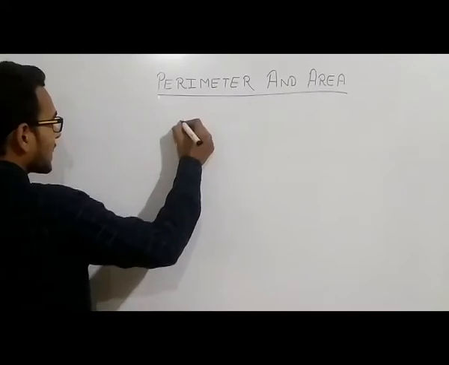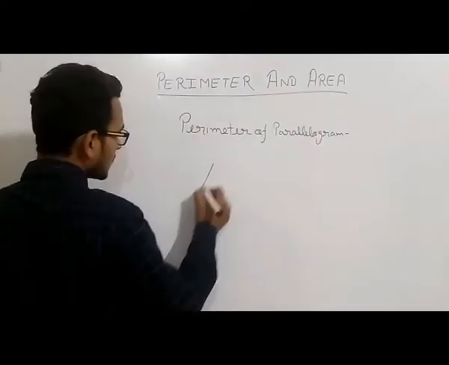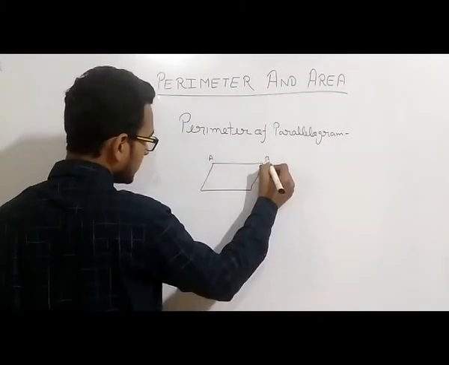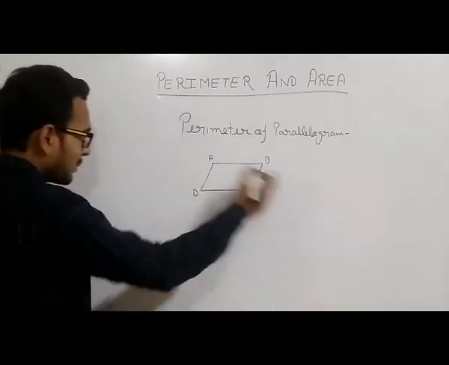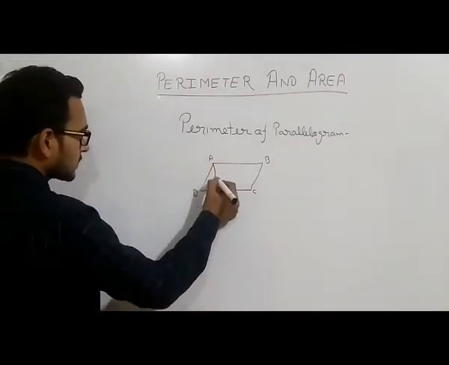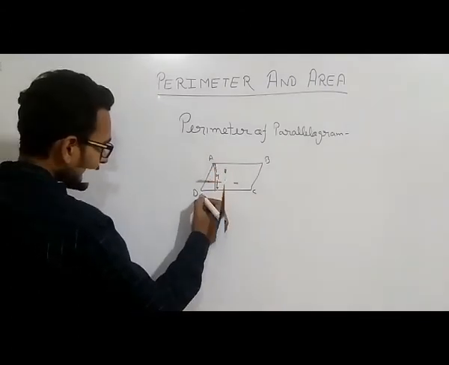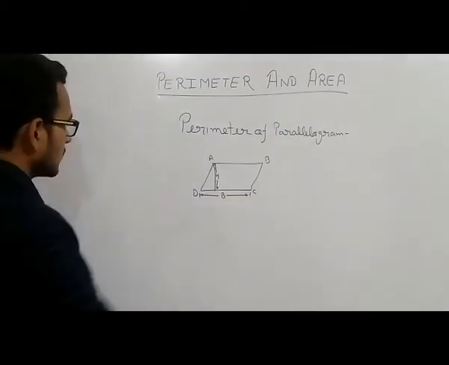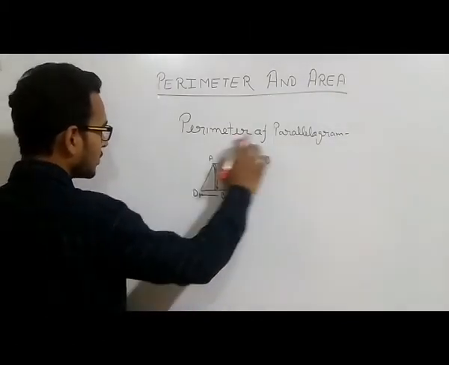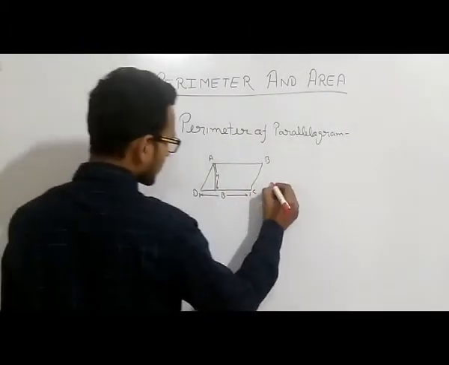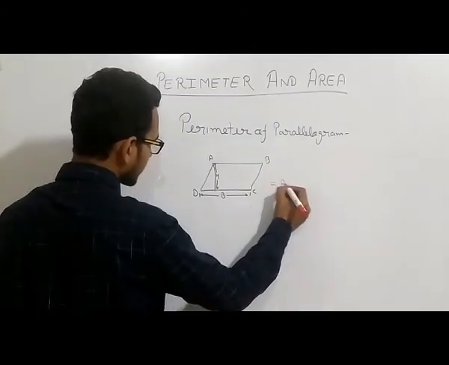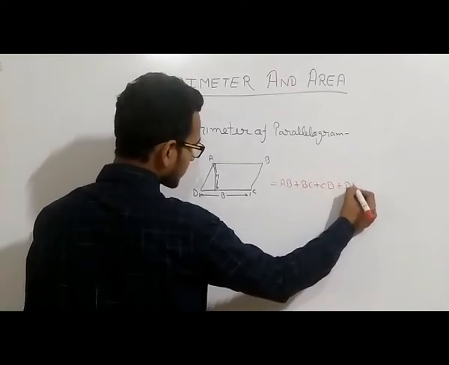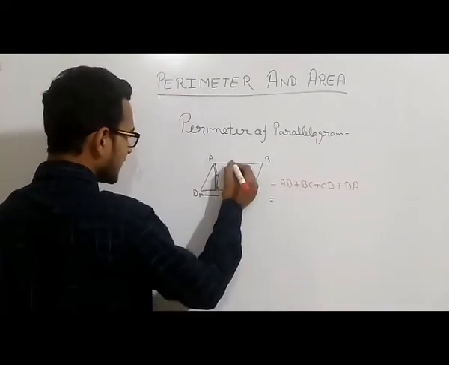Let us find out the perimeter of a parallelogram. Here ABCD is the parallelogram of height H and base B. First of all we have to find the perimeter of the parallelogram, meaning the boundary line. Here the boundary line is AB plus BC plus CD plus DA. In a parallelogram, parallel sides are equal.